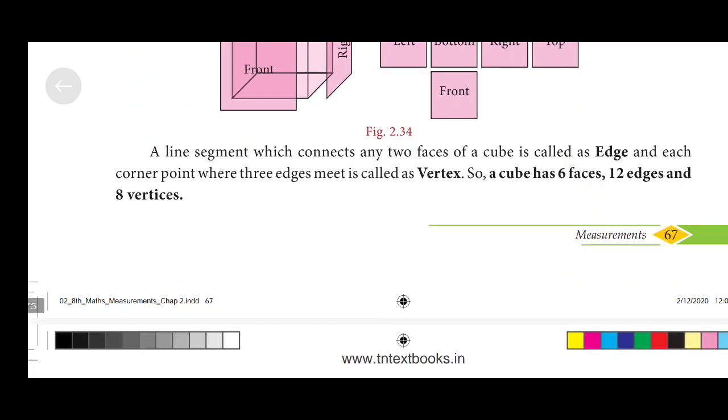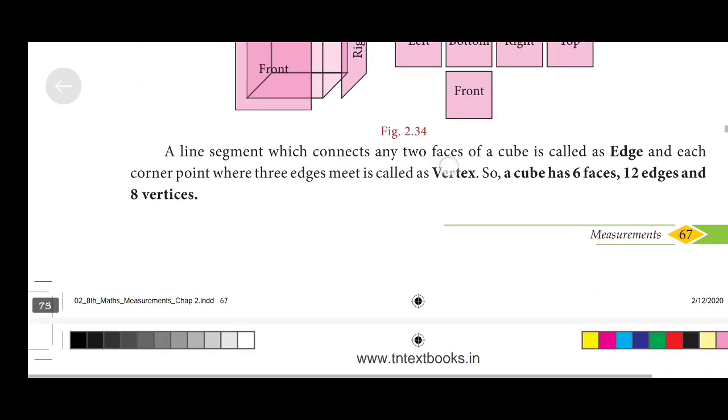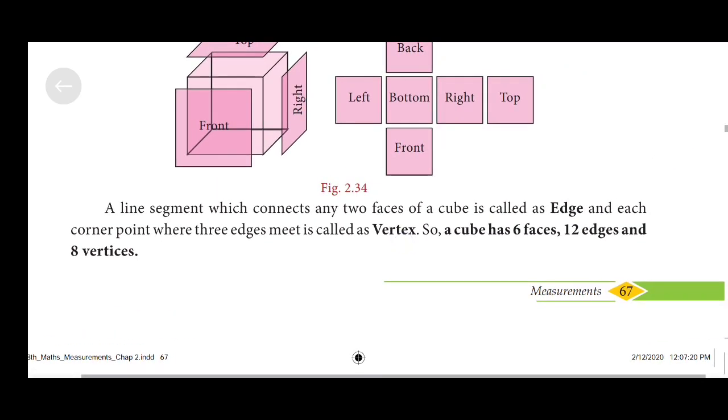Okay. A line segment which connects any two faces of a cube is called an edge. Okay, what is an edge? If you see, this is called an edge, where two faces connect. In three-dimensional shapes, you should say faces. We should not mention sides.